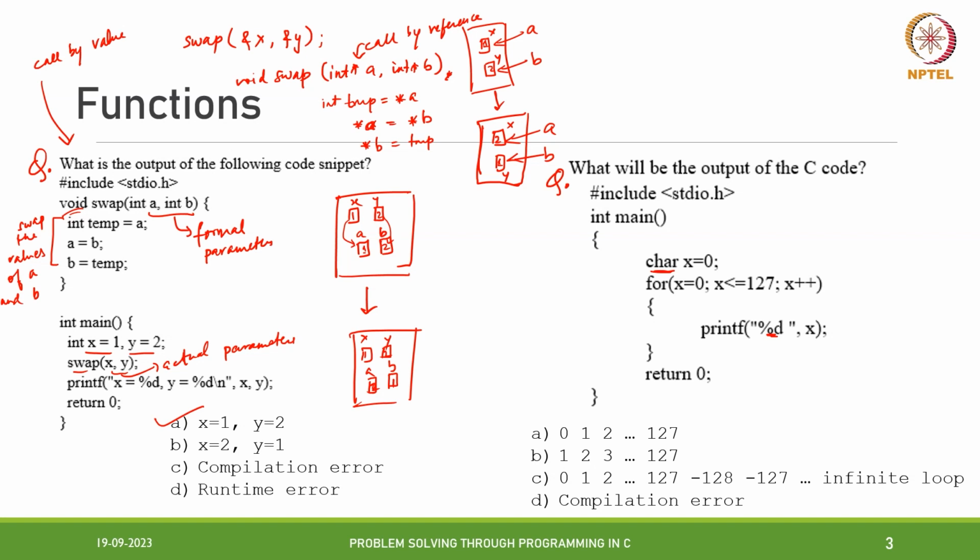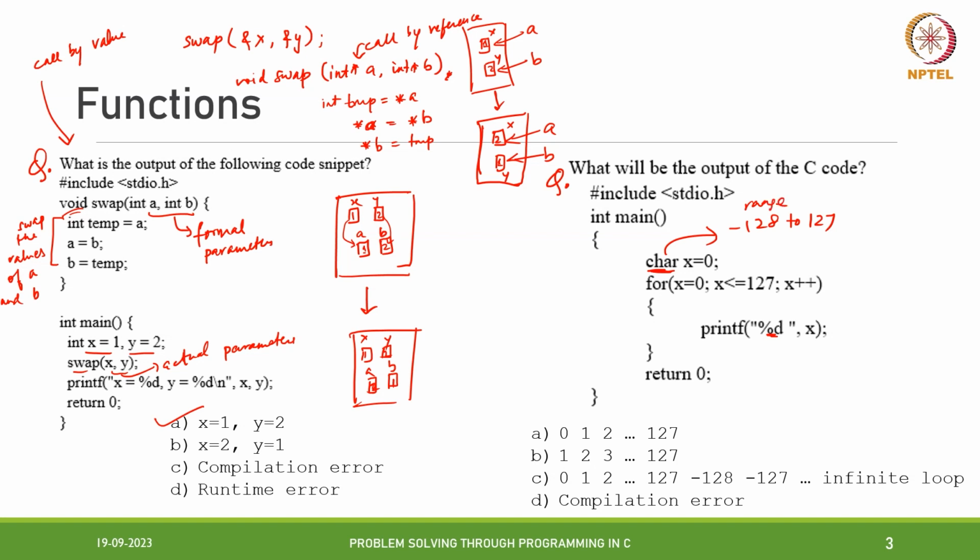Option A. Okay, there is a catch here actually. Why did I say that? Keep in mind that it's a char variable. So what values can a char variable hold? Minus 128 to 127. This is the range of values that it can store.